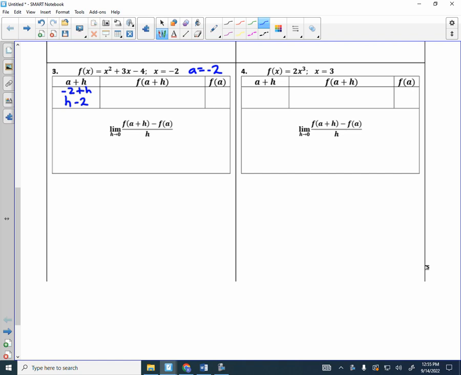Then f of a plus h, we take that and we plug it in for x. And so we get h minus 2 quantity squared plus 3 times h minus 2 minus 4.